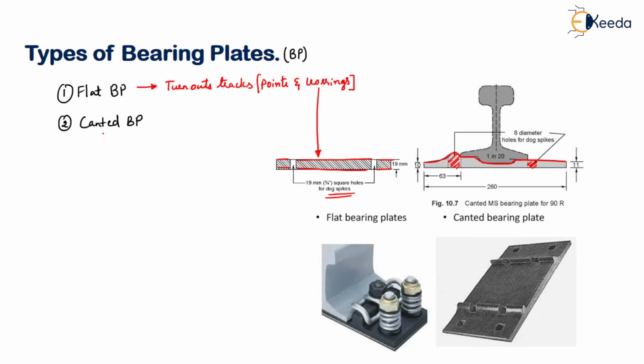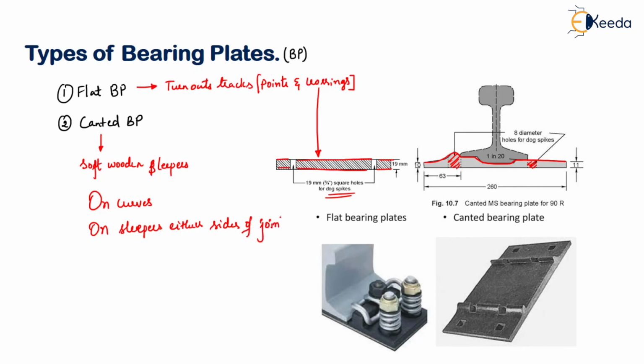And when it comes to canted bearing plates, if you are using soft wooden sleepers, then you have to go for canted bearing plates, especially on curves, on sleepers on either side of joints.